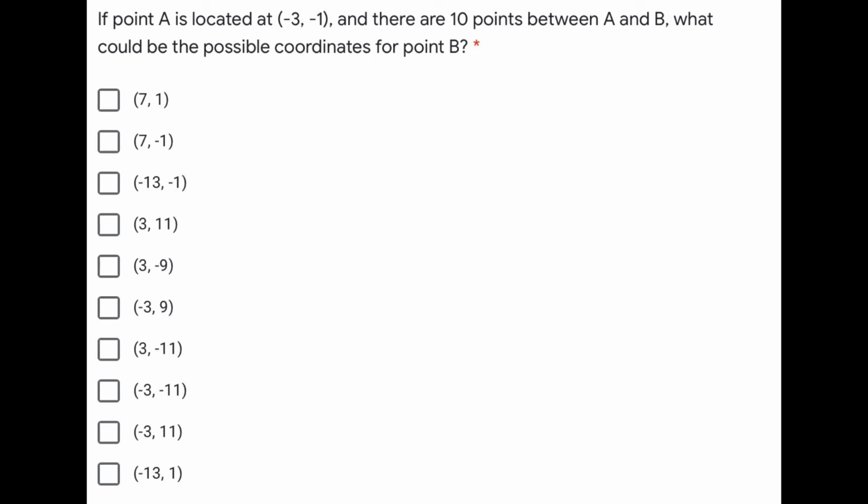If point A is located at -3, -1, and there are 10 points between A and B, what could the possible coordinates be for point B? So we have A is at -3, -1.